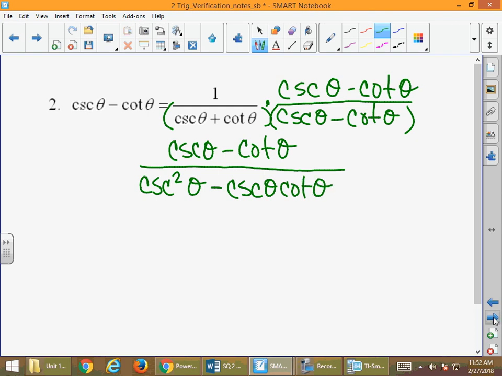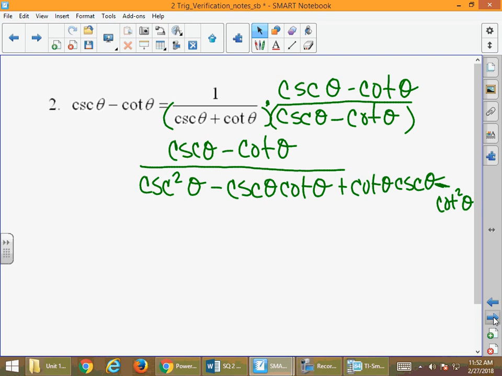Positive cotangent theta times cosecant theta is positive cotangent theta cosecant theta. And then, running out of space here, positive cotangent theta times negative cotangent theta is going to be minus cotangent squared of theta. First, outer, inner, last if you're doing the FOIL, double distributive otherwise.